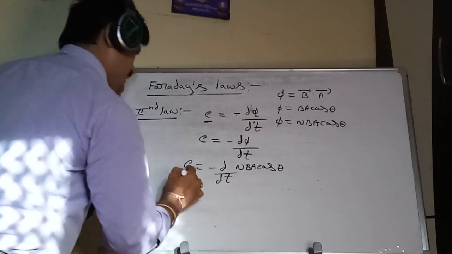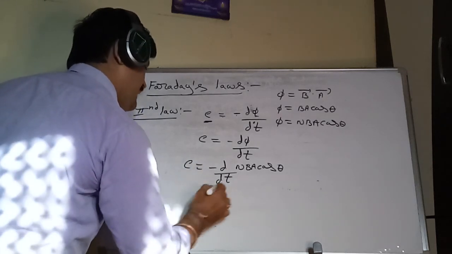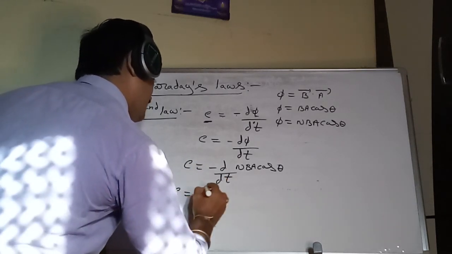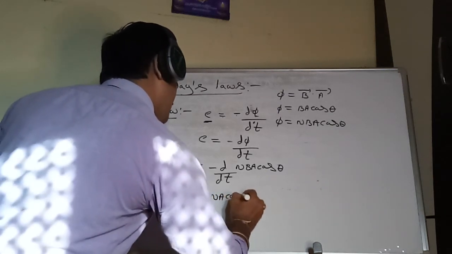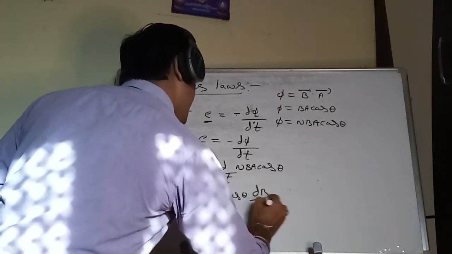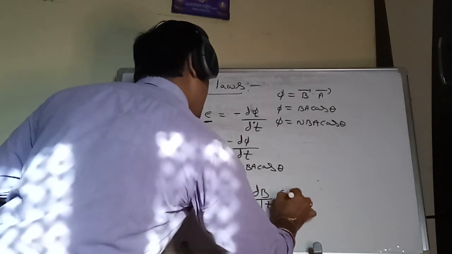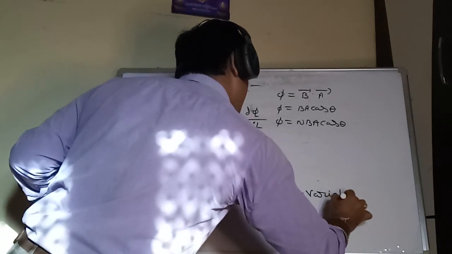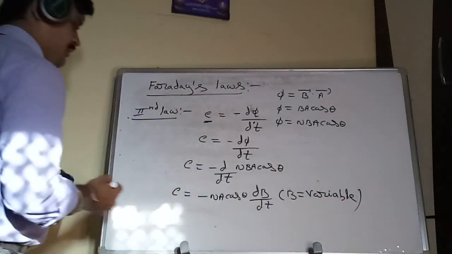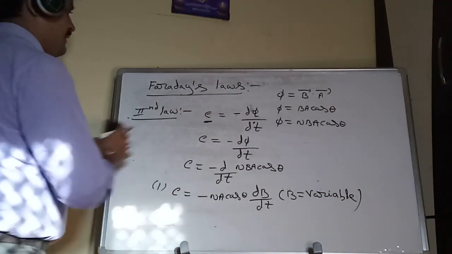Here, suppose B is variable, so E is equal to minus NA cos theta times dB by dt. This is the first case.